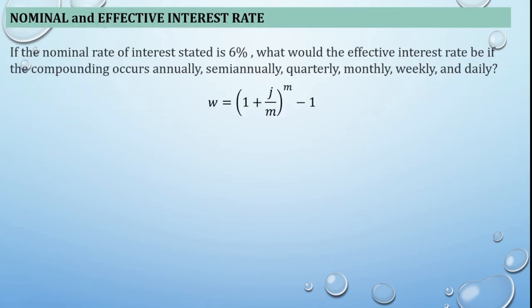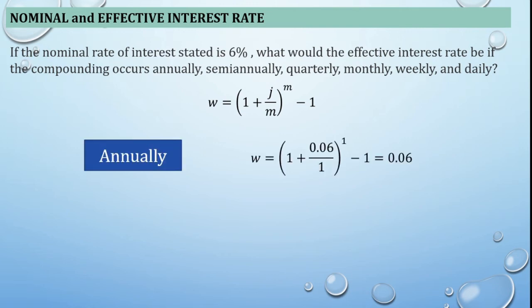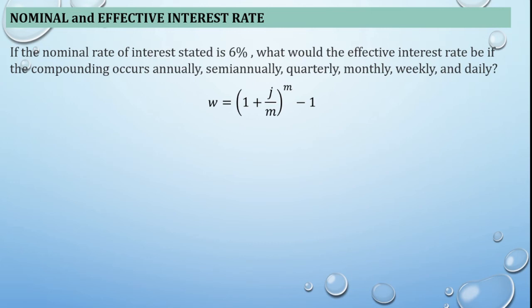If the nominal rate of interest stated is 6%, what would the effective interest rate be if the compounding occurs annually, semi-annually, quarterly, monthly, weekly, and daily? For annually, we have 6%. That is the same as the nominal rate.